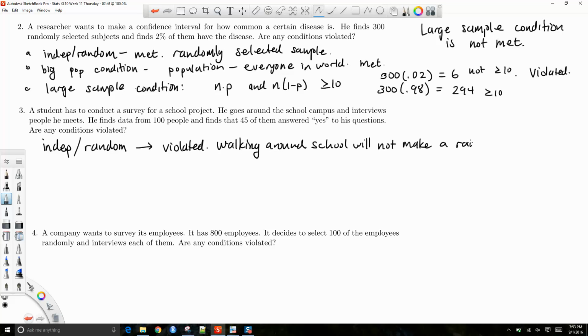So here, there is some ambiguity regarding the big population condition. It may or may not be met based on the school size.